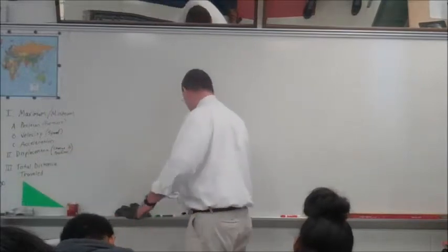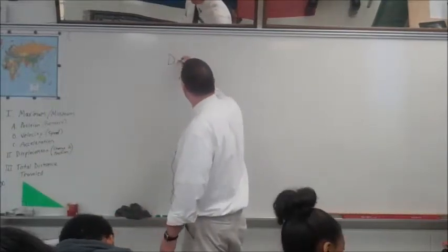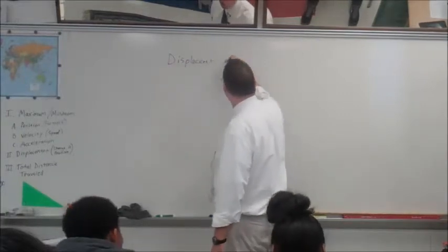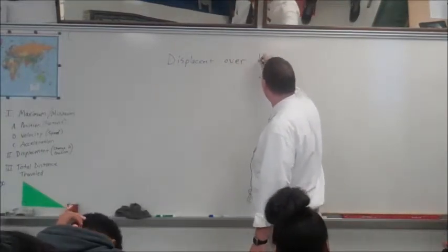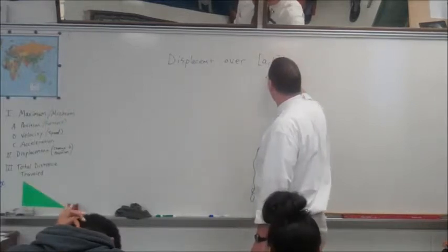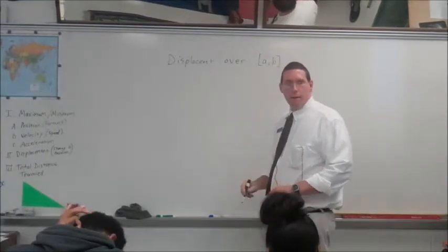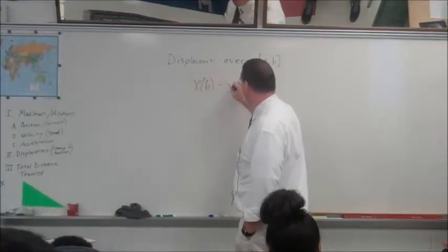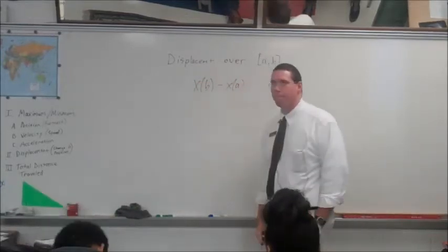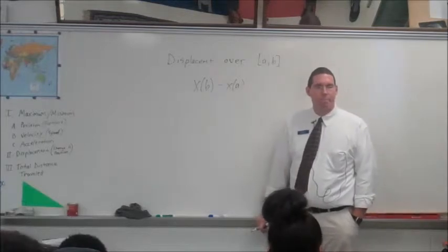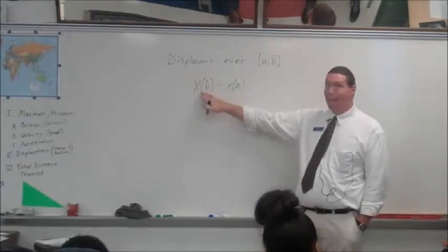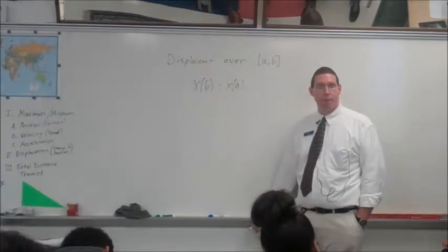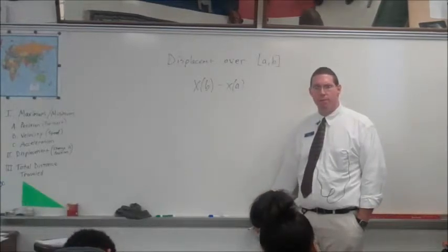Displacement over the interval from A to B is very simply x of B minus x of A. My ending position minus my starting position. Does that make sense? All right.